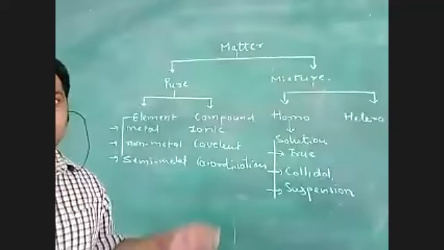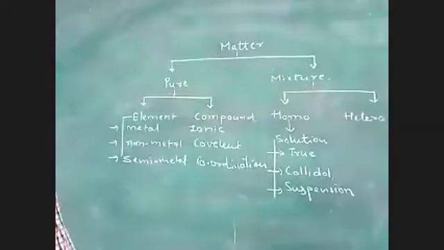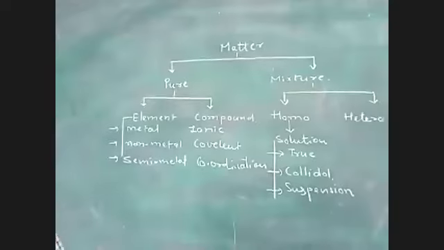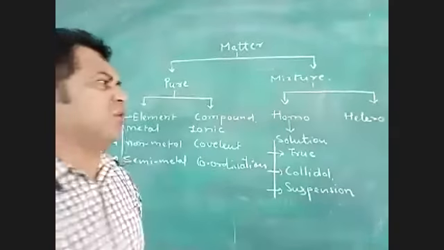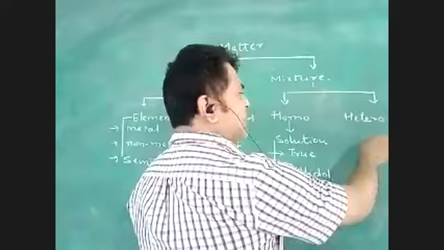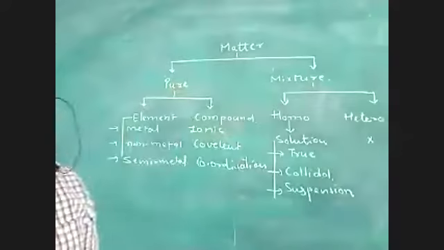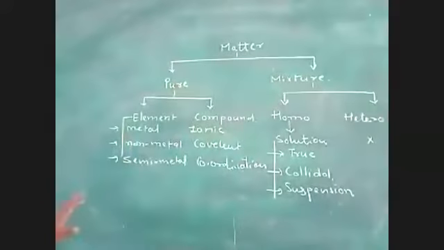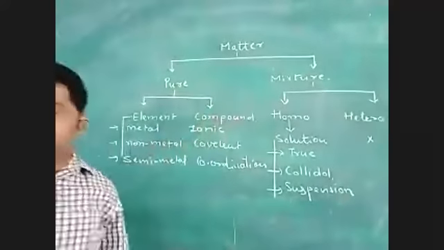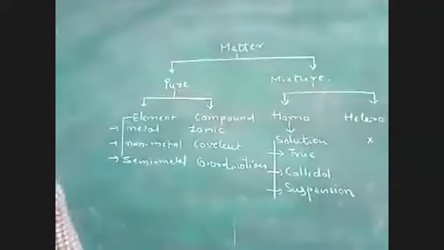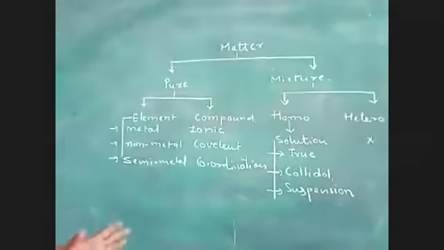So this will be the category of the solution. Heterogeneous mixture means anything, so it is not classified into some category, because heterogeneous is heterogeneous, and that's why this is our world of matter.